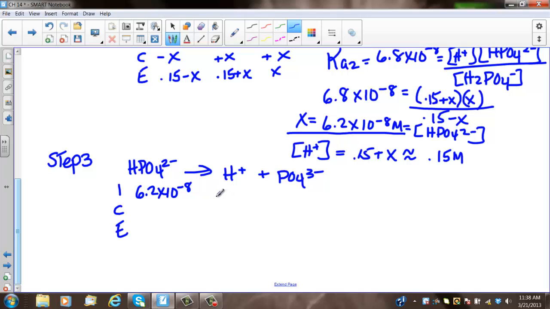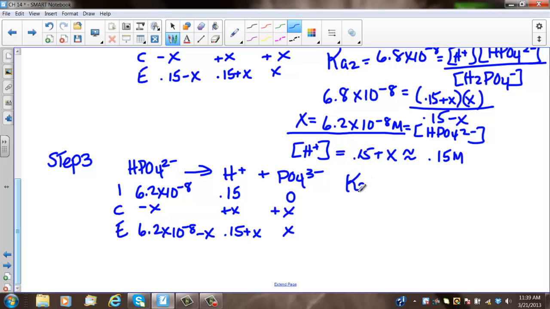We have, as we said, 0.15 molar in solution, as it was unaffected by the last dissociation. We have no PO4 3 minus as of yet. So this is minus x, plus x, plus x: 6.2 times 10 to the negative 8th minus x, 0.15 plus x, and x.